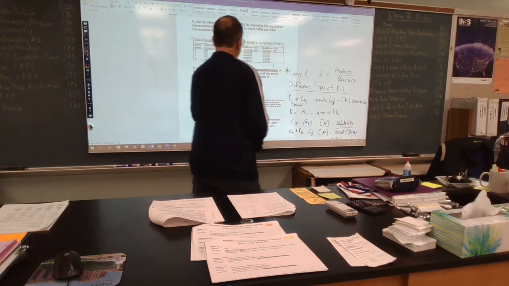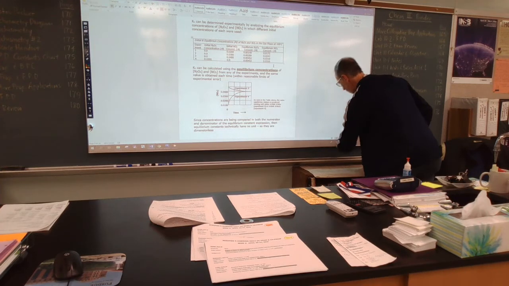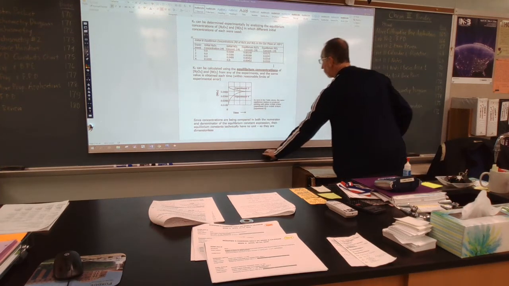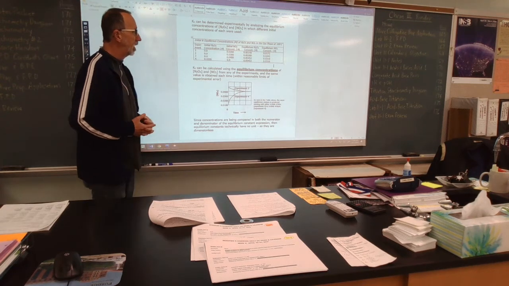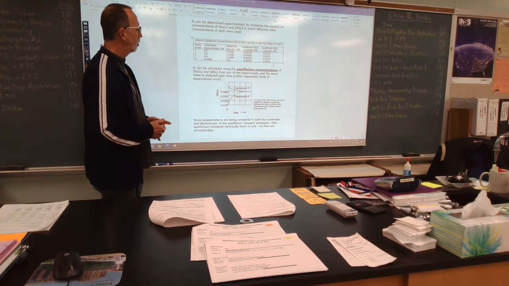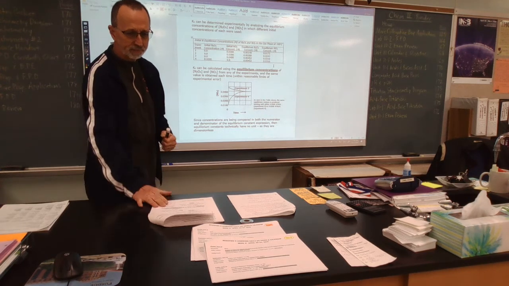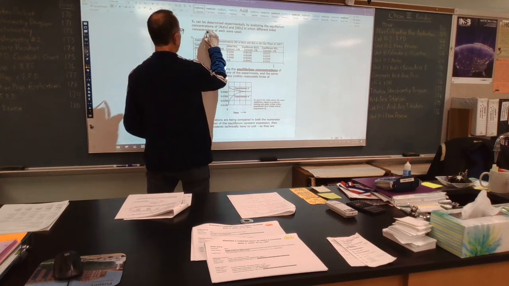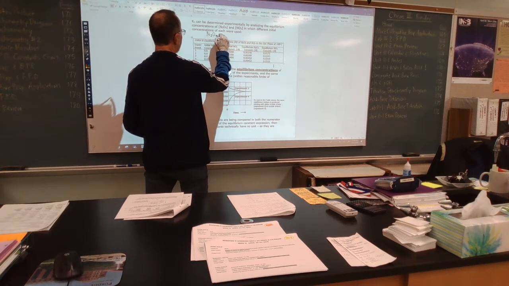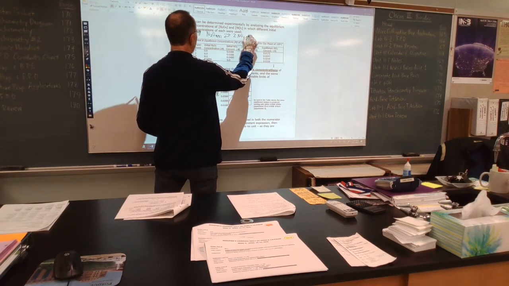Kc or Keq can be determined experimentally by analyzing the equilibrium concentrations of N2O4 and NO2. We're working with the same reaction here. In fact, I'll write it up here again: N2O4 gas in equilibrium with 2NO2 gas.